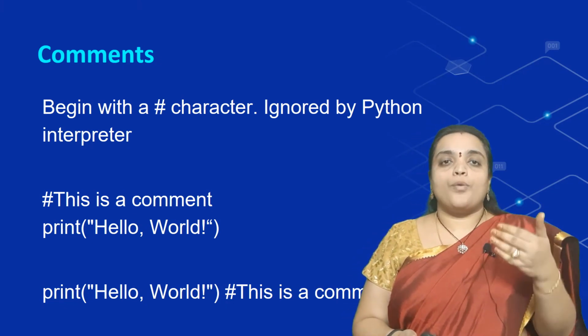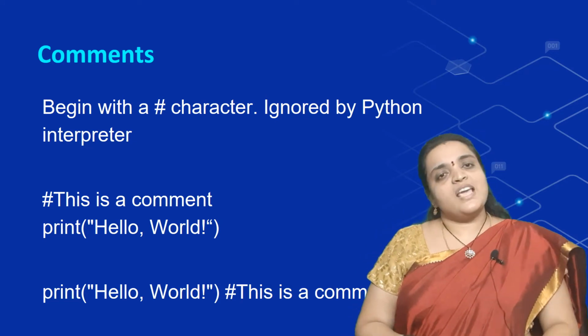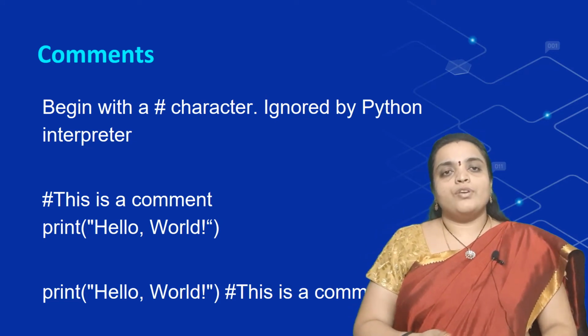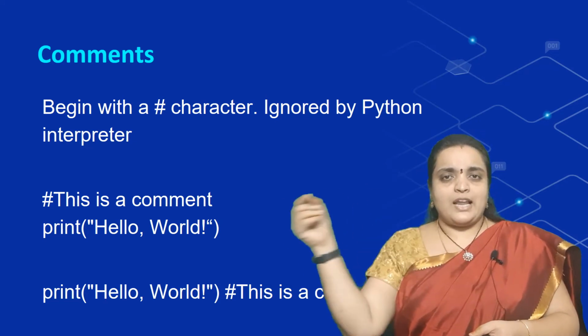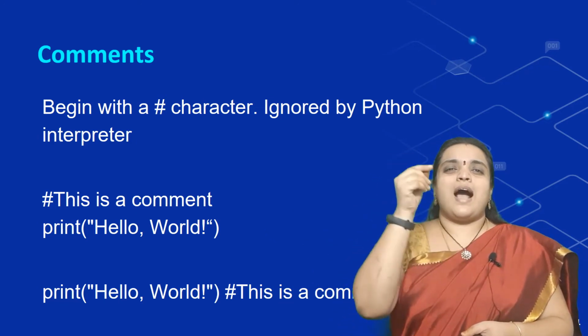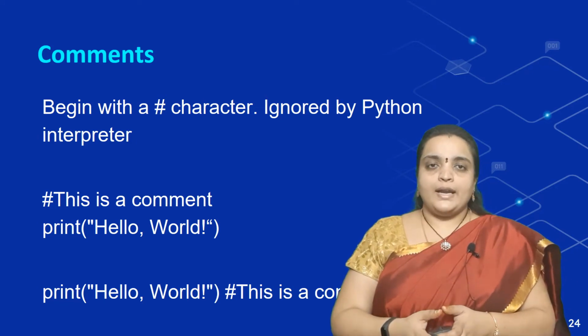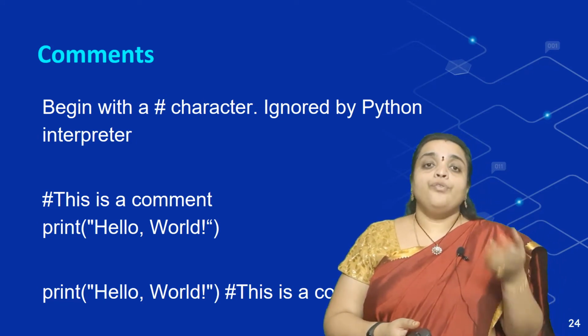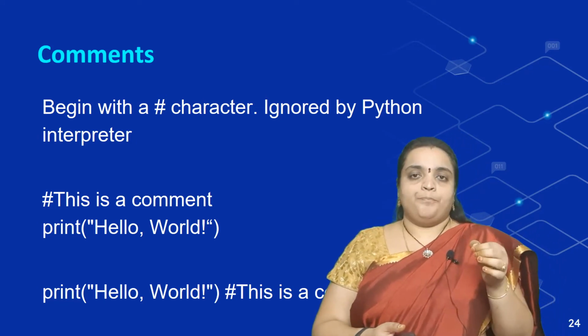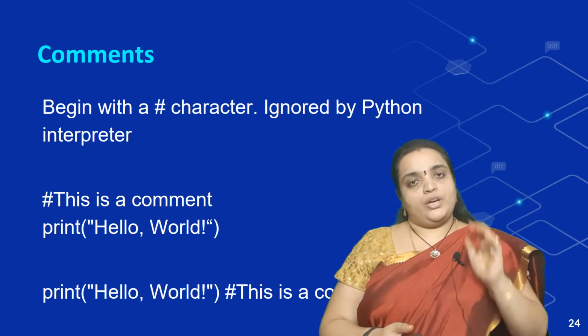Next, let us see comments. How will you give comments in Python? In C, how will you give the comments? We will use double slash for a single line comment, and we will use slash star and star slash for a multi-line comment, isn't it? But in Python, we will use the hash symbol, which is ignored by the Python interpreter.